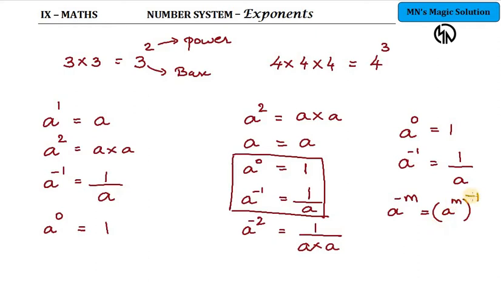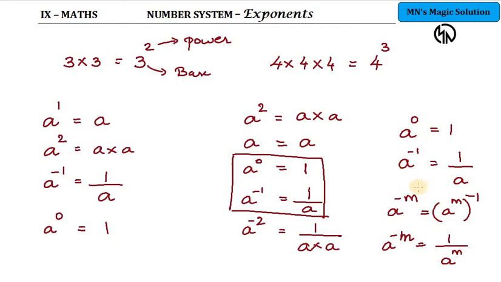This is m into minus 1, which is equal to minus m. This is equivalent to this only. So how can we write this? Anything to the power of minus 1 can be written as 1 divided by a power m. So a power minus m is equal to 1 divided by a power m. So the power 0 and the negative power give the reciprocal value. These two ideas we have to keep in mind.